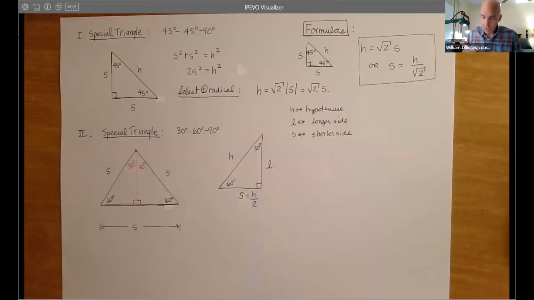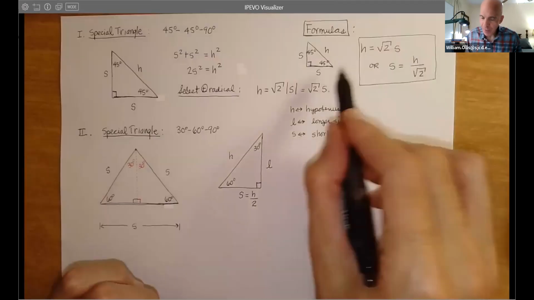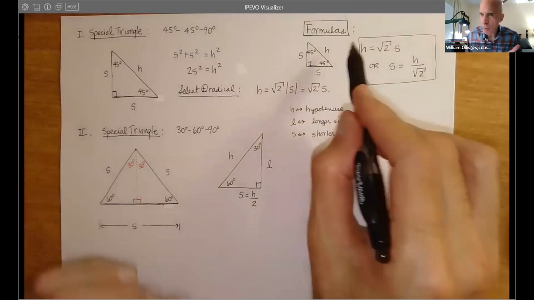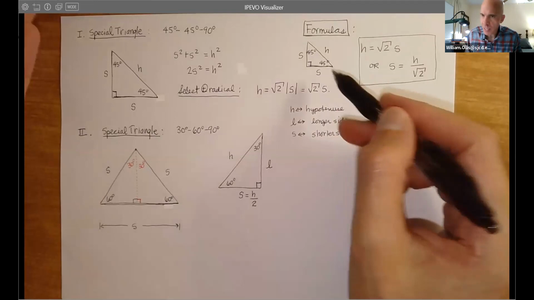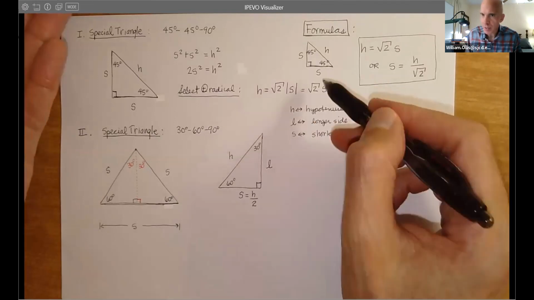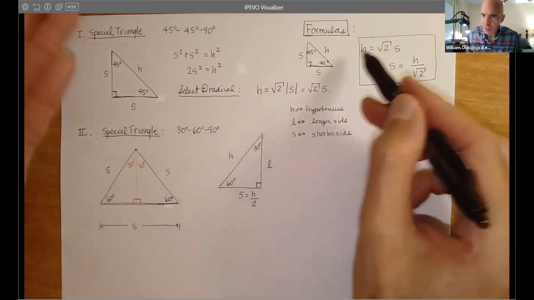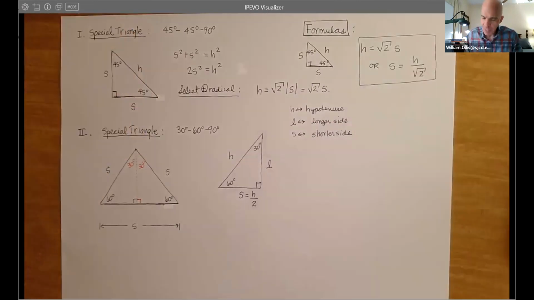Okay, so that's kind of like this, S, H, no problem. They're congruent, so you can use any label for S, no side shorter than the other. So there's nothing to be gained by changing that, but this does help.